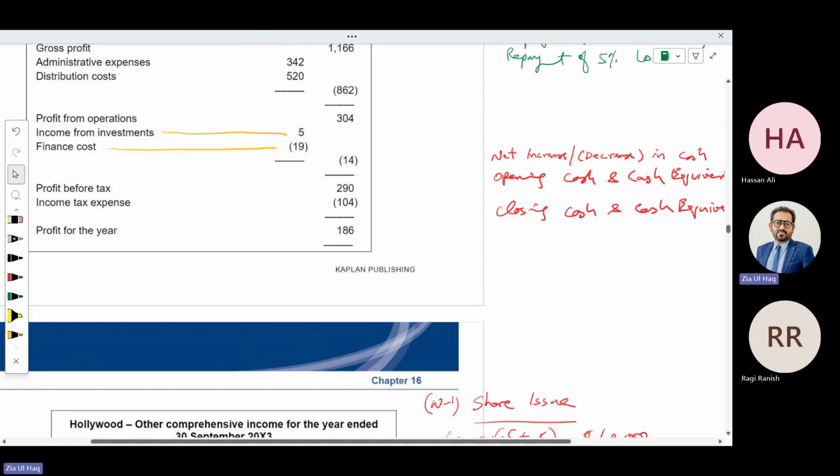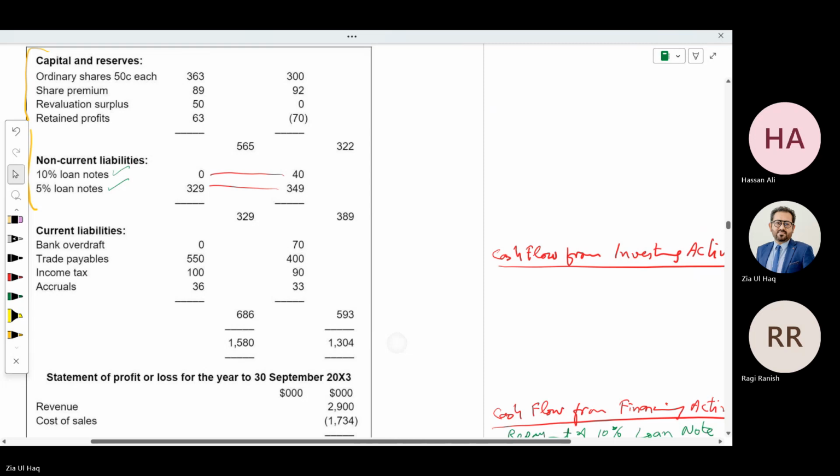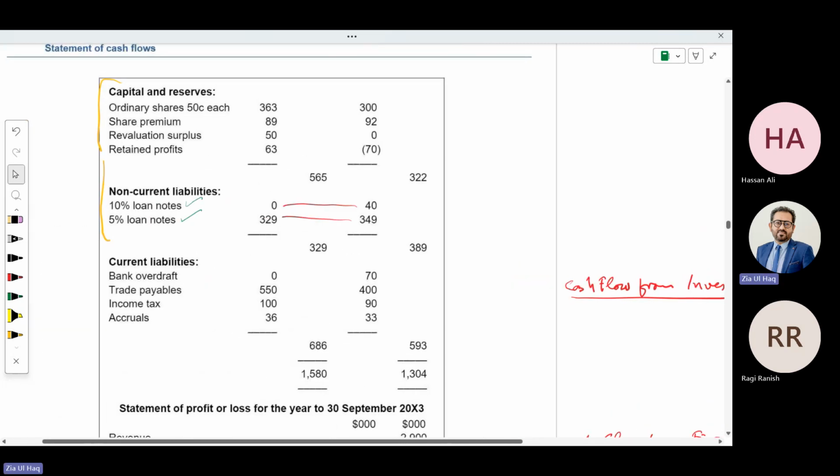If we see share capital, it moved from 300 to 363. We need to see whether all the share issues relate to this, or whether there is some other issue as well. How can we see that?